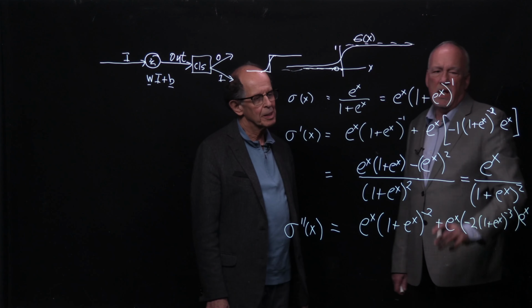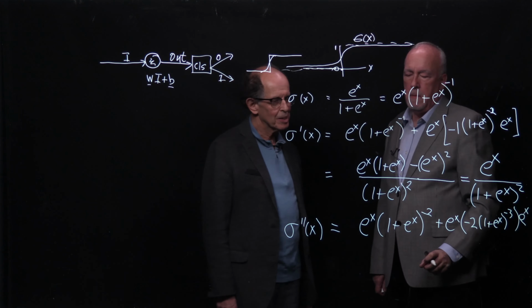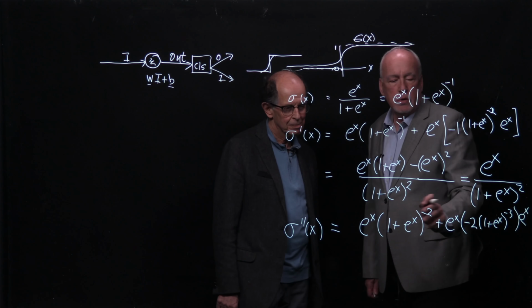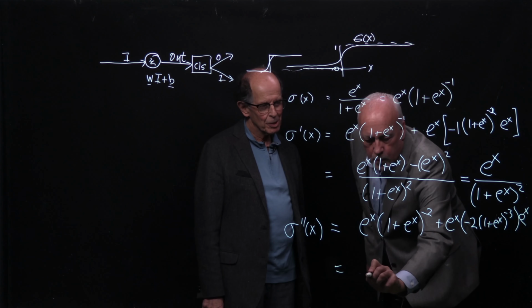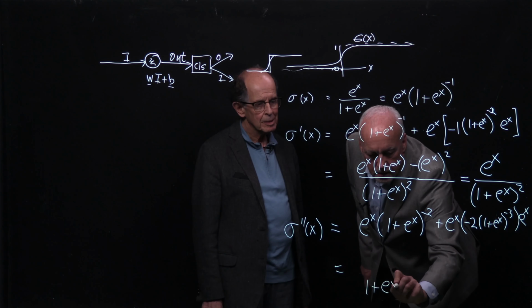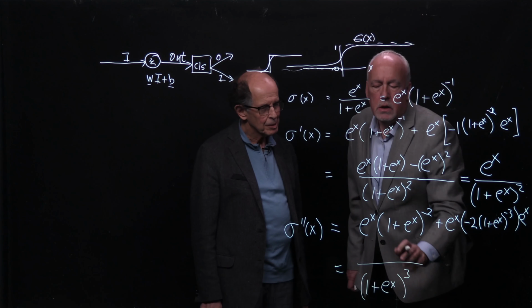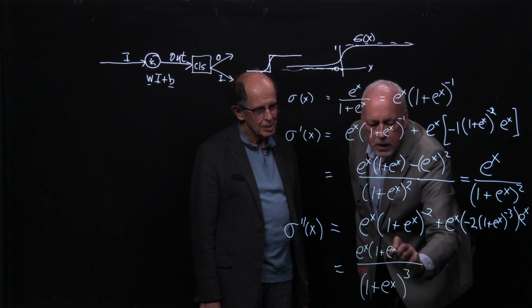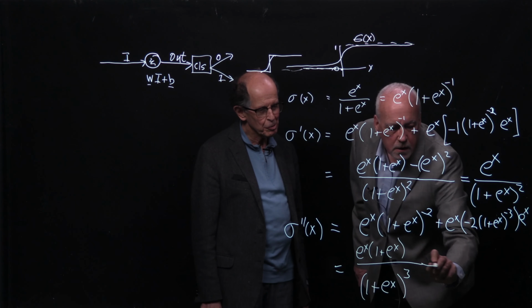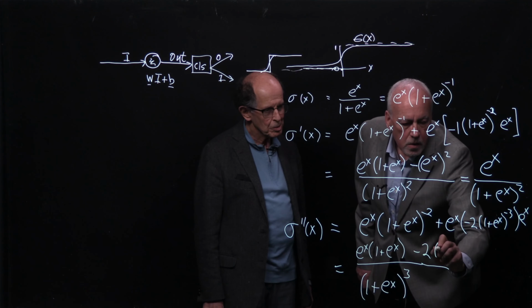It's the same thing, except the 2, 3. And then we do the same trick, we put everything on the bottom, 1 plus e to the x. This time it's cubed. Now here I'm going to get e to the x times 1 plus e to the x, same as what we did before in terms of the algebra, minus 2 e to the x squared.